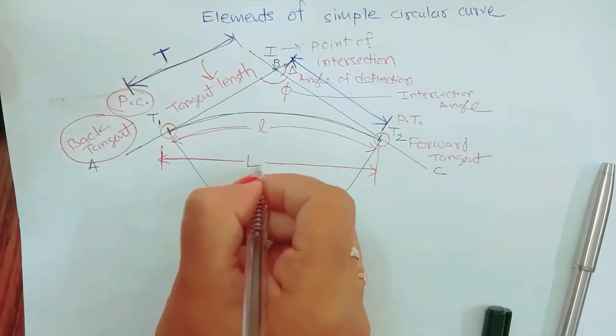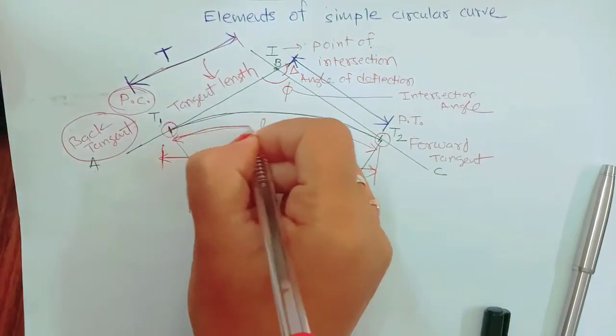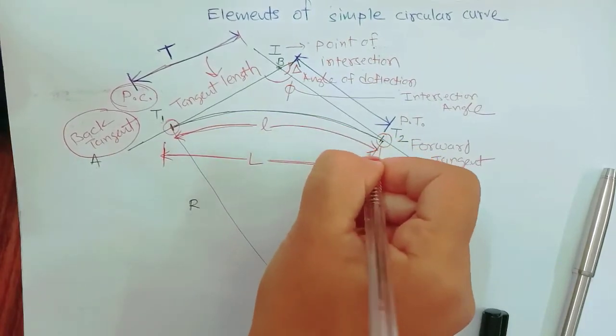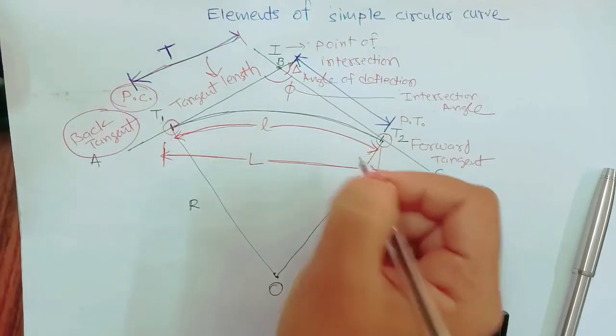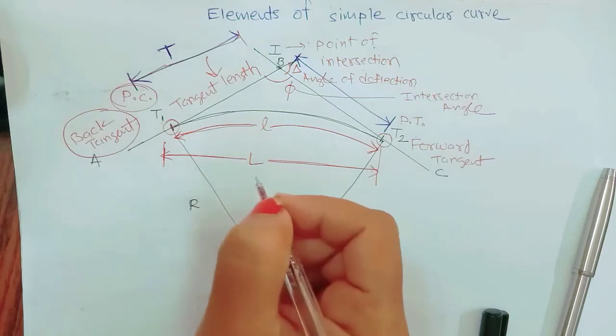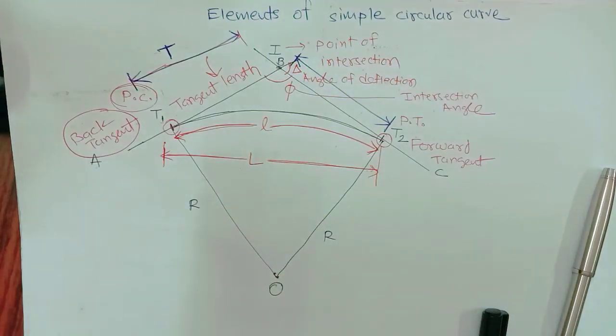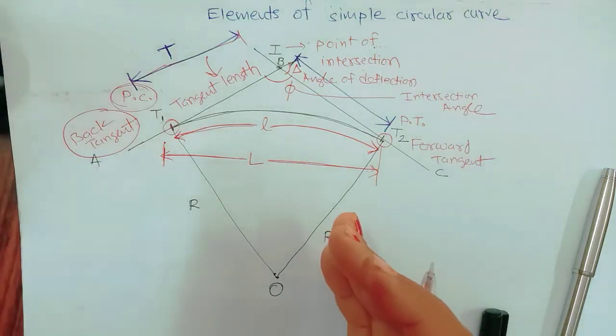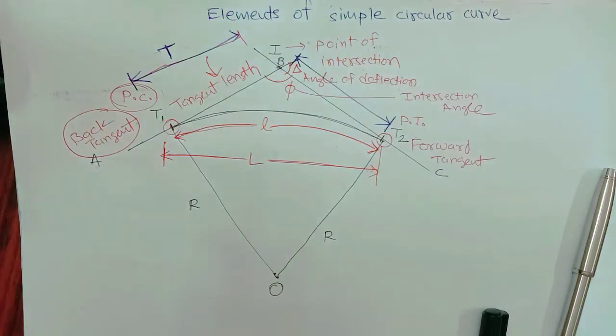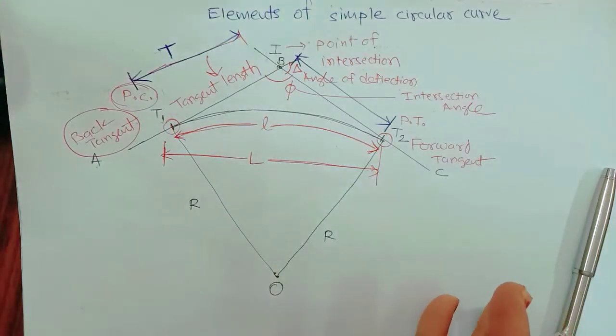So this straight distance is known as a long chord, and this distance is known as a length of the curve, small l and capital L. Now normal chord and subchord. So a chord between two successive regular pegs on the curve is known as a normal chord, and when the chord is shorter than the normal chord, that is known as a subchord. So these subchords generally occur at the beginning and at the end of the curve. So normal chord and the subchord.